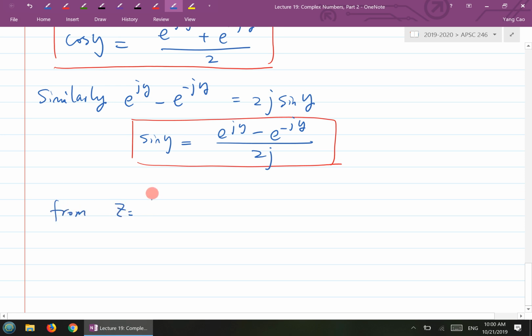So let's consider a complex number written in this polar format. In this case, instead of theta, I'm writing omega t. So basically, theta here is omega t.